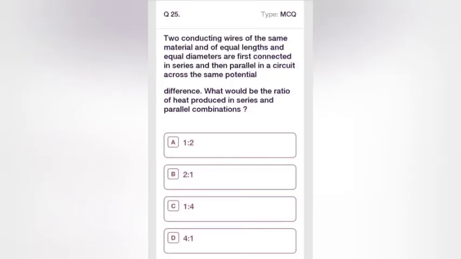Two conducting wires of the same material and of equal length and equal diameter. That means they are made up of the same material, clear. They are first connected in series and then connected in parallel across the same potential. That means the voltage is given, and the length and diameter, so the area, is the same.